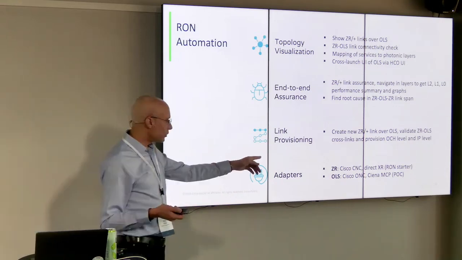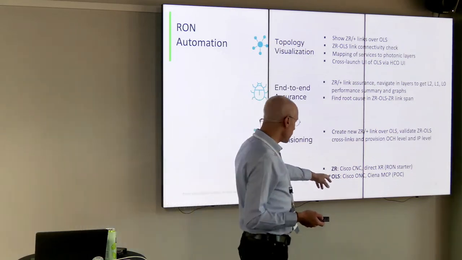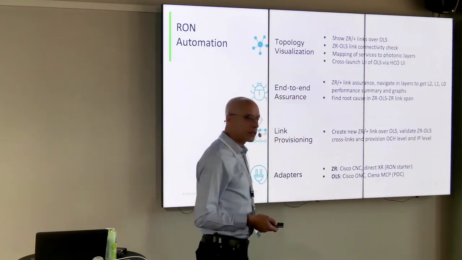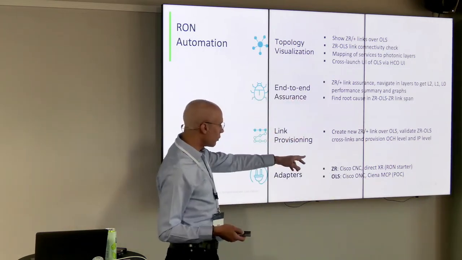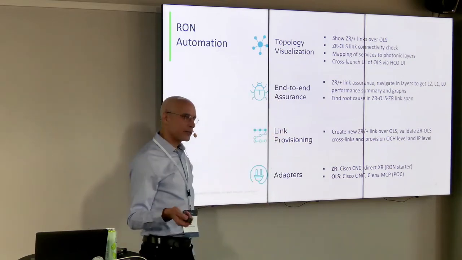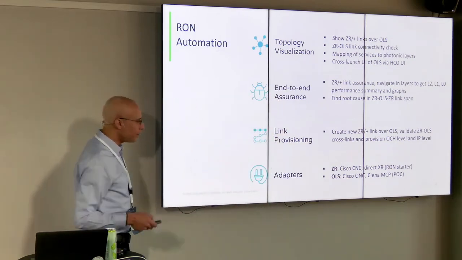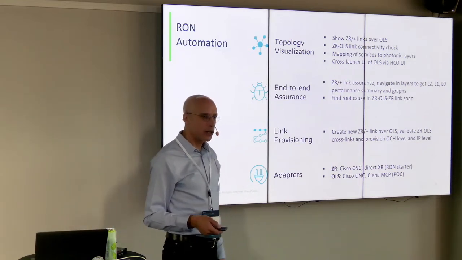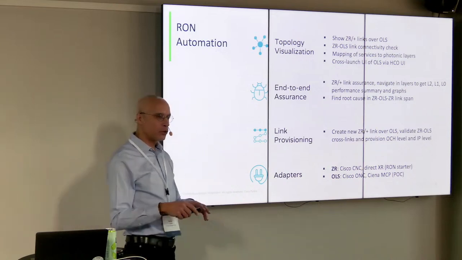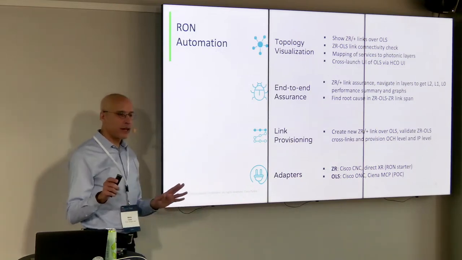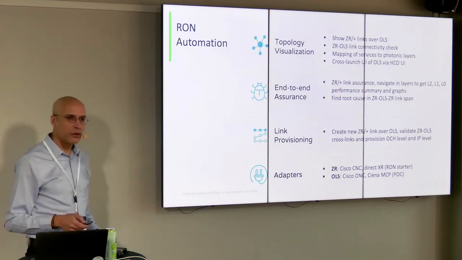And for the OLS, which is the optical line system, we have the Cisco ONC in case you have the Cisco optical network, or we are connected already to Ciena MCP. Now we are in progress also to build adapters for the Nokia optical controller and the Huawei optical controller, which, if I look at those three, including Cisco, covers 80% of the optical networks today.